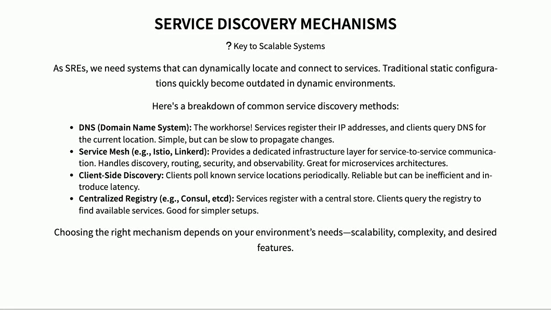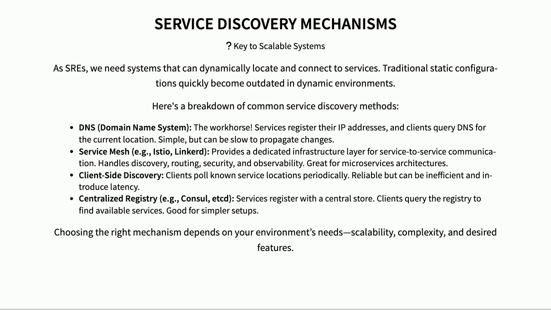Okay, let's talk about service discovery. Think about it. In a modern application, you often have lots of different services all talking to each other. But those services are constantly being updated and scaled. New instances come online, old ones go down. If your client code has hard-coded addresses for these services, then when something changes, you'll quickly run into problems.